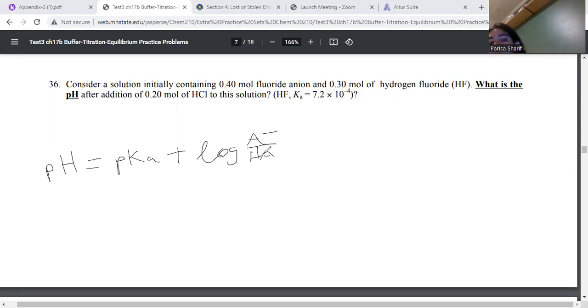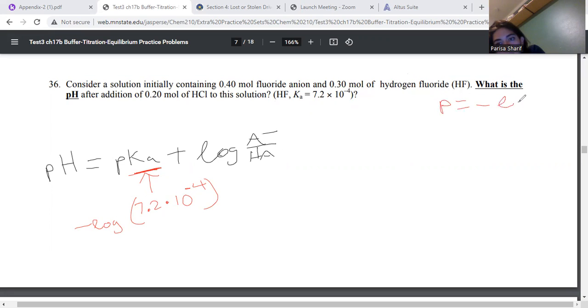So this is the equation we have to use, and it's actually not that bad of an equation to use. What we recognized first is that it was a buffer. Why? Because hydrogen fluoride is a weak acid, so we know it's a buffer. Okay, and the Ka that goes here is always the Ka of the weak acid. So here that's 7.2 times 10 to the negative 4. And then what's going to go here is negative log, because P is the symbol for negative log.